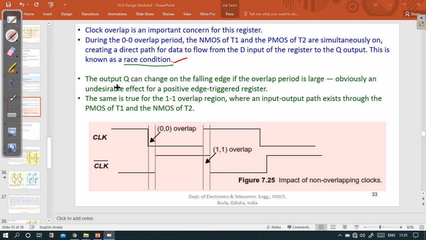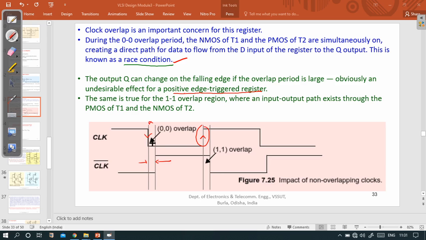So it means that the output Q can change on the falling edge if the overlap period is large. If this overlap period is large, then it may happen that the output may change at this falling edge of the clock signal. Which is not desirable for a positive edge triggered register, because we want the signal to get captured only when the clock signal is rising, that is only during this transition and not at this transition.